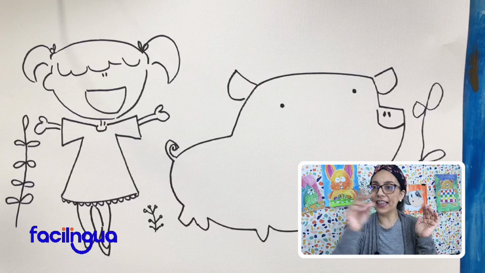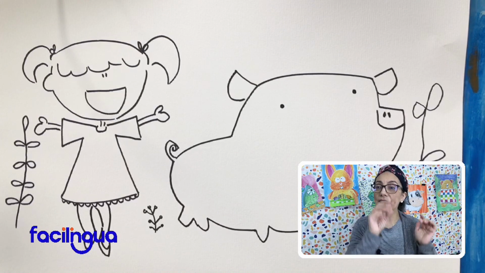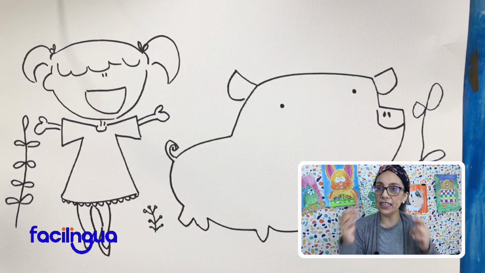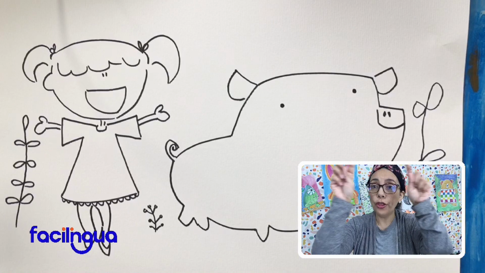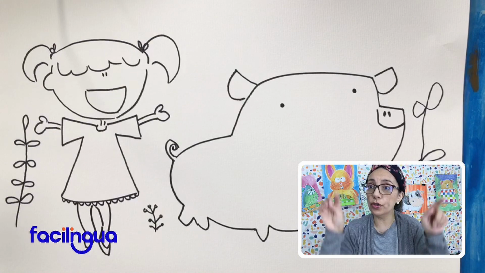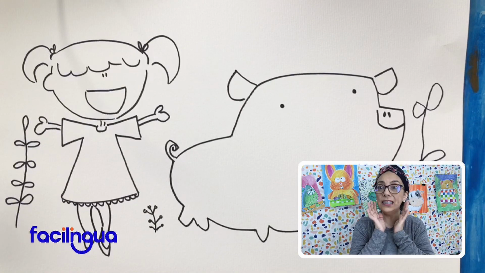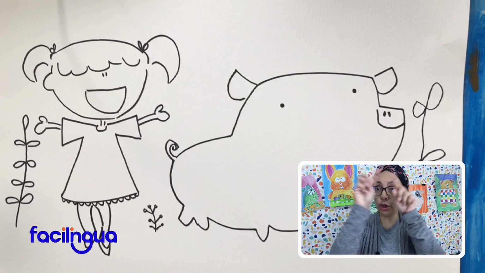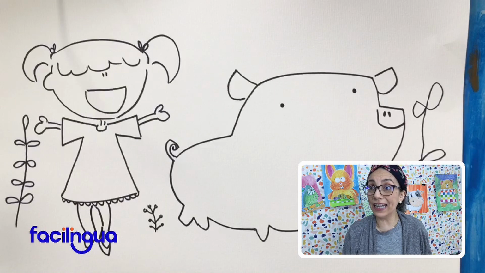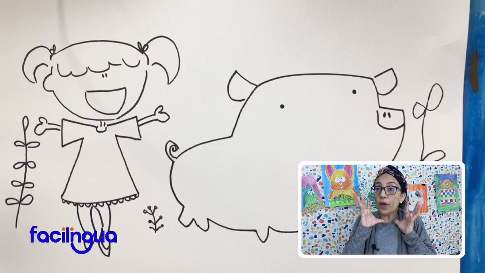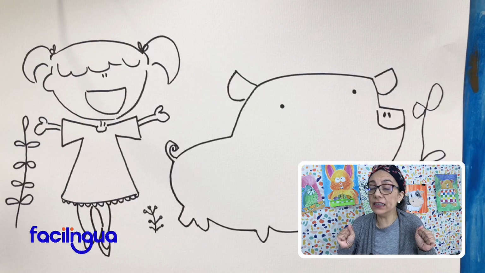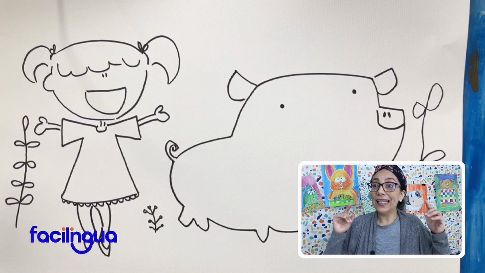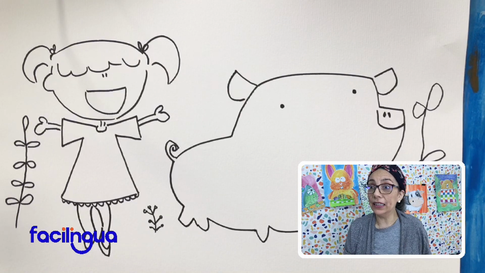suddenly, de repente, she looks through the window. And she sees an animal. She looks through the window and she sees an animal, and she says, incredible, magnificent, fantastic, it's a magic pig.